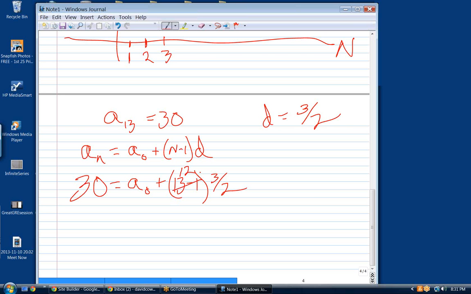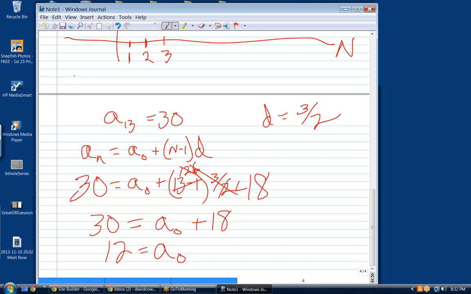Now multiply 12 times 3 halves. This becomes 6, this becomes 1, so this becomes 18. So now we have 30 equals a sub 0 plus 18. So a sub 0 is equal to 12. That's your first term in the sequence.